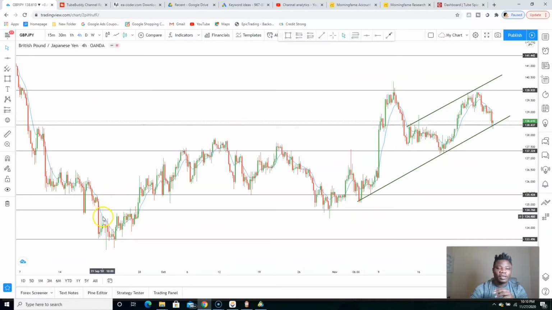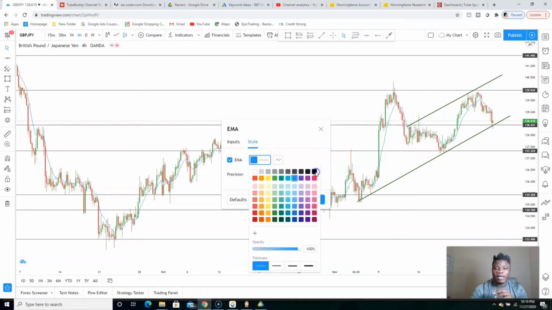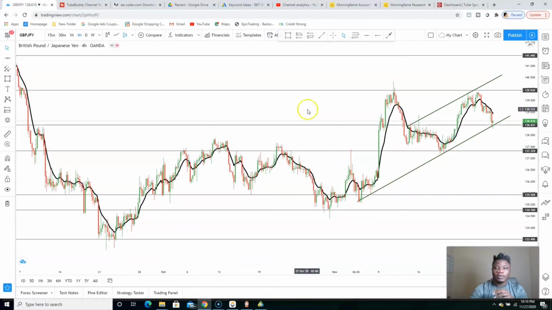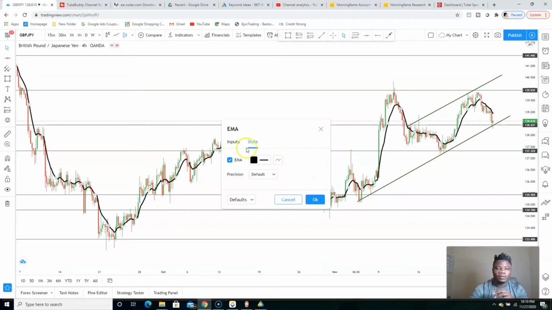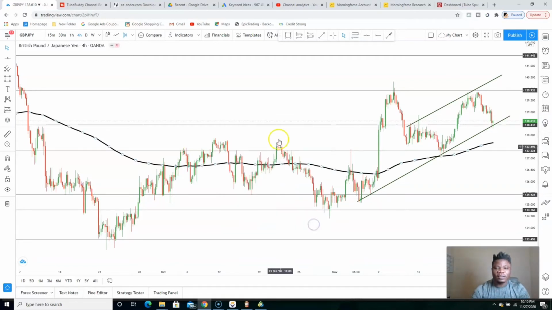We have it here, so I just need to change the settings because I love using black, and I need to change the thickness, and then you click on OK. Oh no, you change it to 200 and you click on OK.